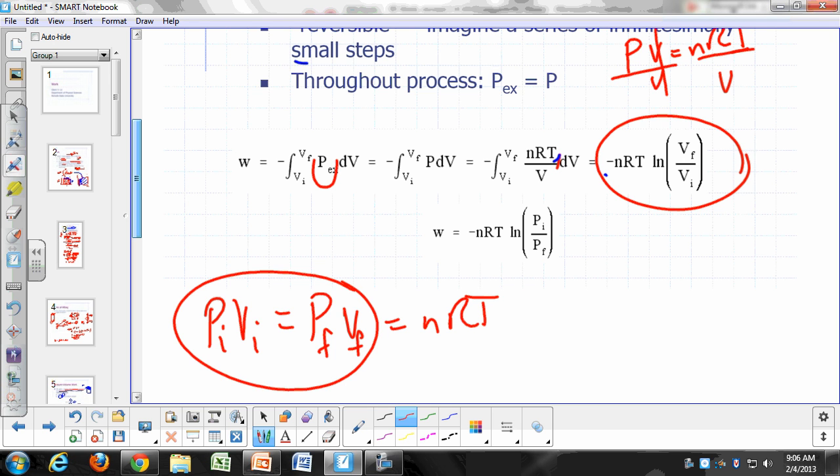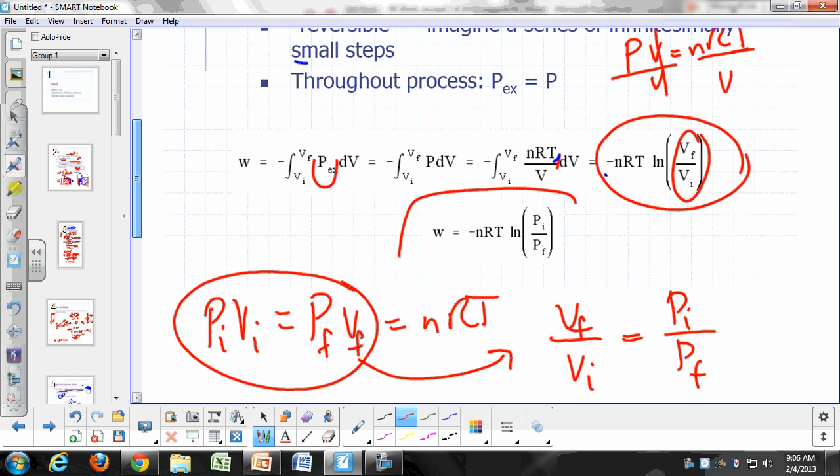So what's another way I could write this? Instead of writing Vf over Vi, what can I write here? Vf over Vi is equivalent to Pi over Pf. So I can also write work as negative nRT ln Pi, the initial pressure, over the final pressure. So either one of these formulas will work.